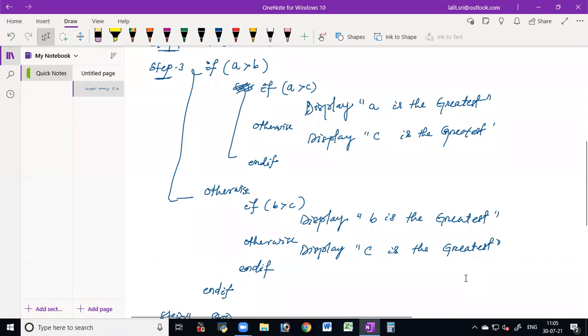Then only you can be clear. Can you take any 3 numbers with examples? Okay. You tell any 3 numbers. Hello. Yes, sir. You tell any 3 numbers.